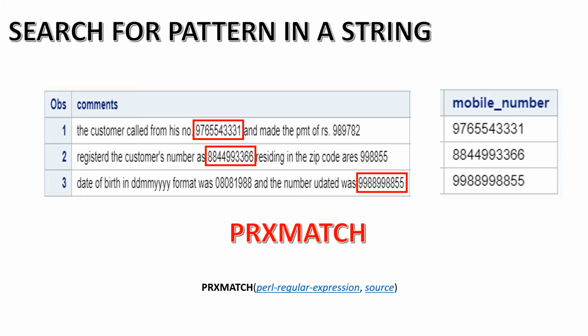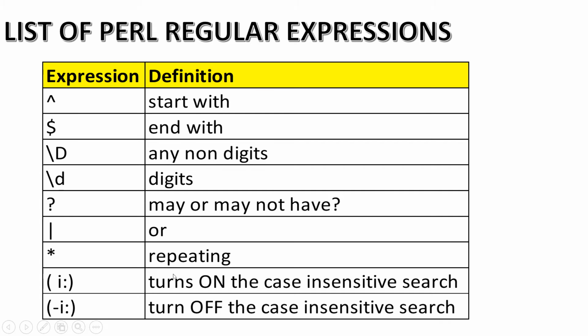Now let's see what all are the regular expressions that we can use and when we can use. So here is a list of Perl regular expressions. See, this regular expression you can use to find a particular string which starts with some particular character or a particular word, whatever you want, right?